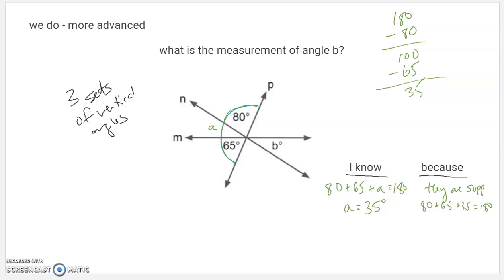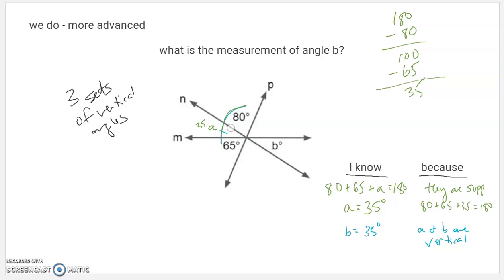And now, last but not least, if I know A is 35, I know B, because A and B are vertical angles. So I know B also equals 35 degrees because A and B are vertical. So it's kind of like a puzzle to solve. Here's what I know, here's how I know it. And that means I know this, and here's how I know that. That wouldn't have been the only way you could have done this.